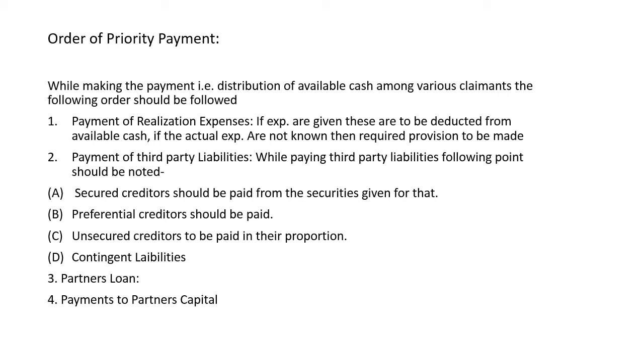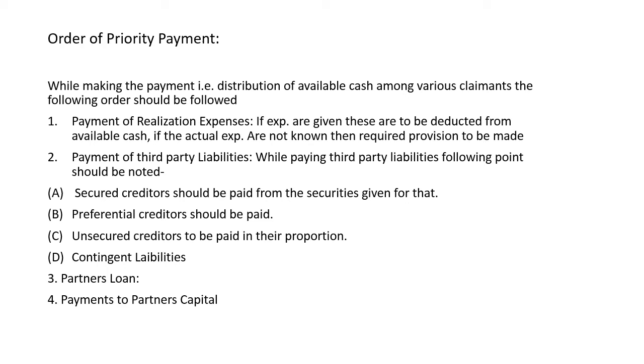If expenses are given, then these expenses are to be deducted from the available cash on a priority basis. But sometimes if the expenses are not given, then there is a necessity to make some provision, and that provision is to be made from the available cash on a priority basis. Means first priority is to the realization expenses.